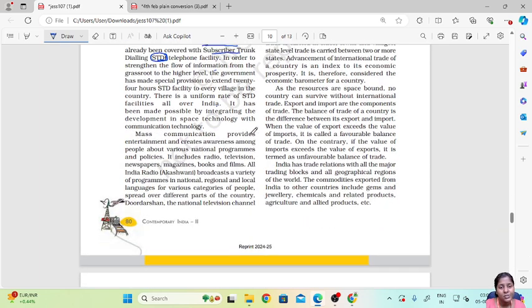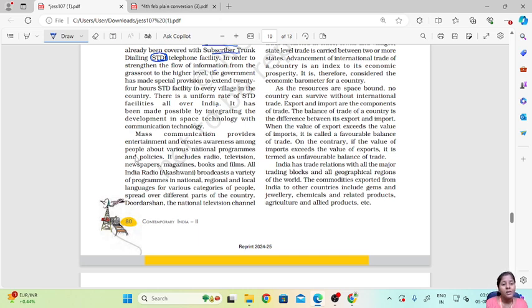So mass communication provides entertainment and creates awareness among people about various national programs and policies. Now this includes radio, television, newspapers, magazines, books and films. So through all these things we come to know what are the different things which are going on in the country.